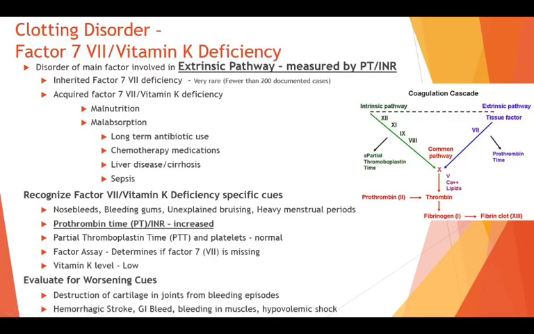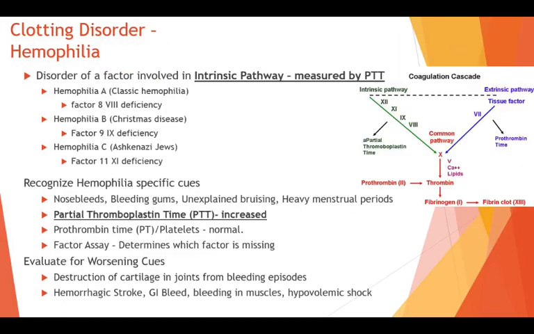The vitamin K deficiency is your PT-INR and your extrinsic pathway. So if you have a patient with type A hemophilia, giving them vitamin K isn't going to do anything. They never had problems with that pathway at all.